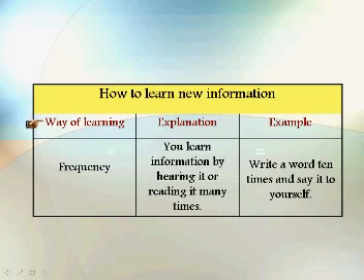And then move on to explanation, which means you have to explain, give the meaning of this word here. You learn information by hearing it or reading it many times. So this is the meaning of frequency. And you should give an example.